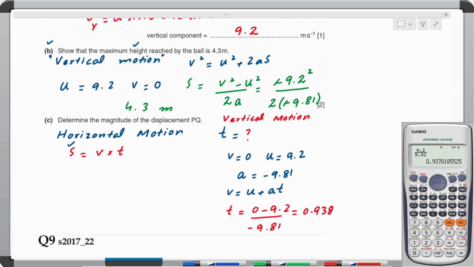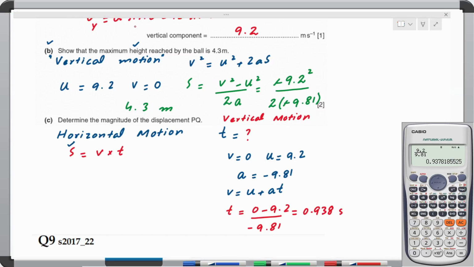Since this is not the final answer, we can use the same value to more decimal places, so that our answer is more accurate. Then the final answer can be rounded off to 2 or 3 SF depending on the data. So this is the time that the ball would take to complete the horizontal motion as well.